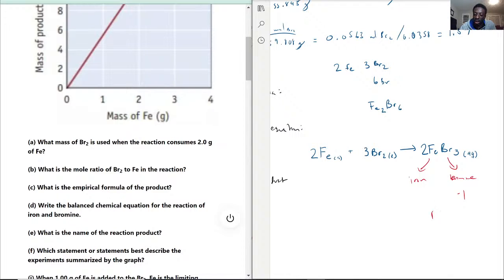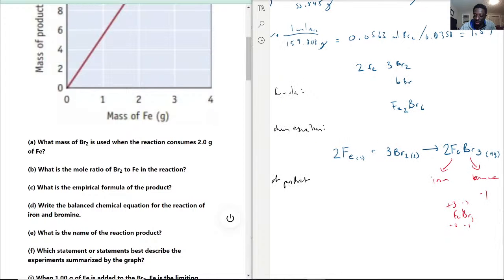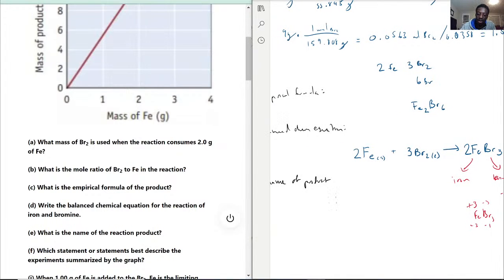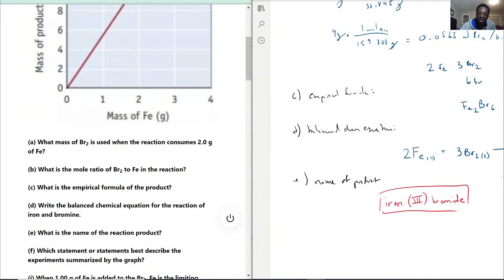If there's FeBr3, with a -1 and there's 3 of them, then that's -3 in total. So iron needs to be +3 to make up for it. So now we know iron's charge is going to be +3. Based on that, the name of the product is going to be iron 3 bromine, but then you drop the INE and replace it with IDE: iron 3 bromide. That is the name of the product.